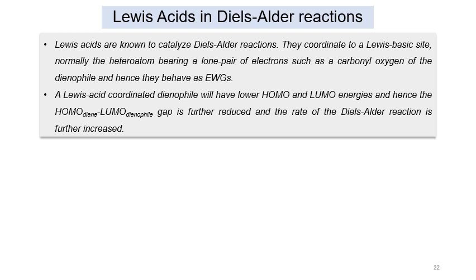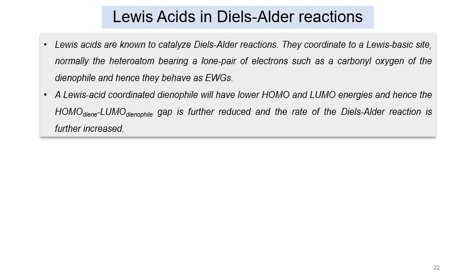What can Lewis acids do in Diels Alder reactions? Lewis acids are known to catalyze Diels Alder reactions. They coordinate to Lewis basic sites, which are usually the heteroatoms on the dienes.